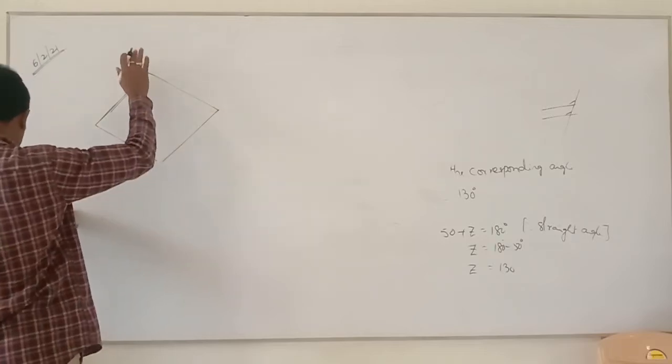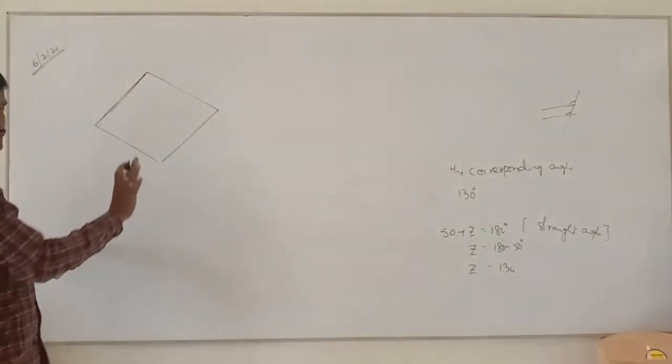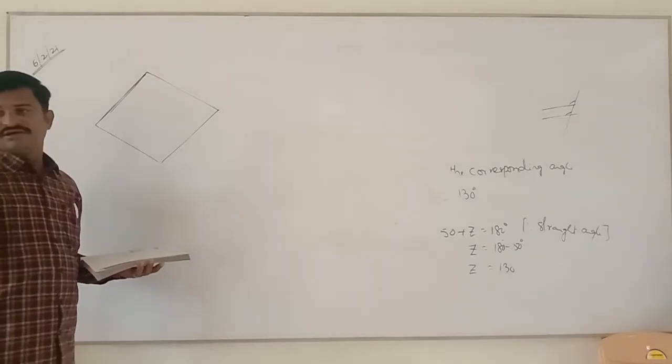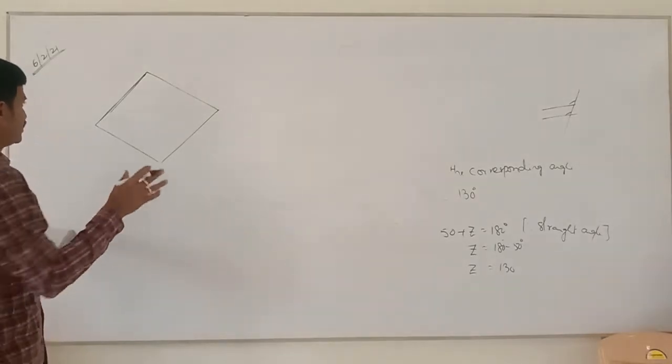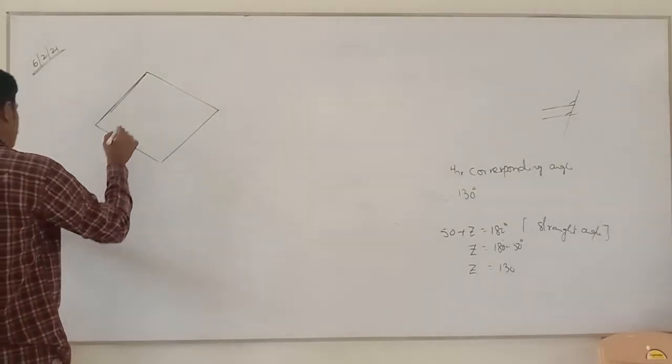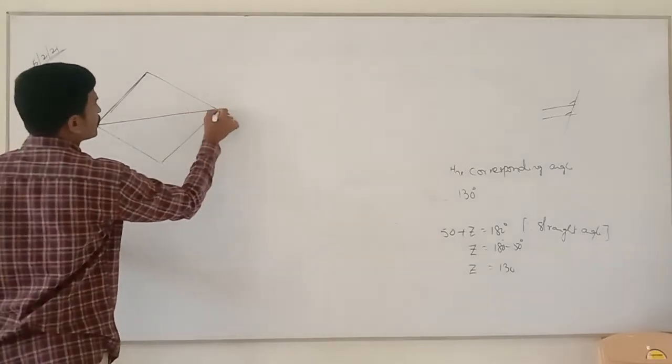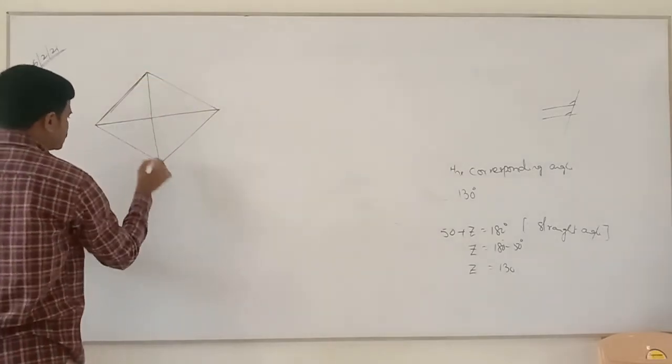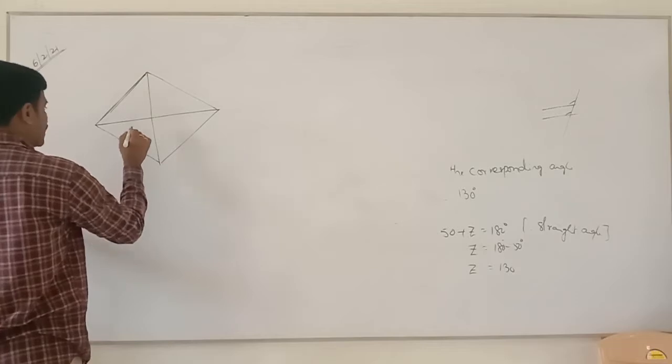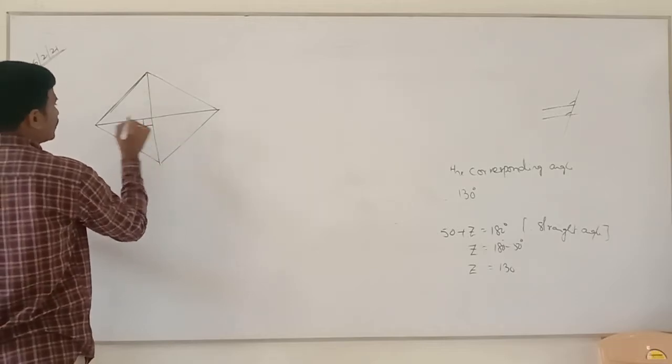Okay, let us take this as a parallelogram only. All the things are parallelograms only. Don't think of some other polygons. Okay. Now he has drawn diagonals like this.